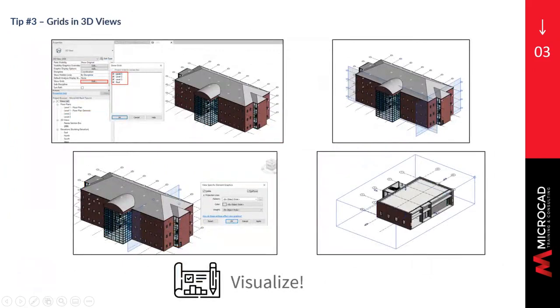The next thing that I want to show you is this pretty cool feature. And I will say this is something that impressed me a lot the first time that I used it, is that you can choose how to display the grid lines in your 3D views. So you can go to the show grids parameter in your properties palette to access the list of levels that you have on your project.